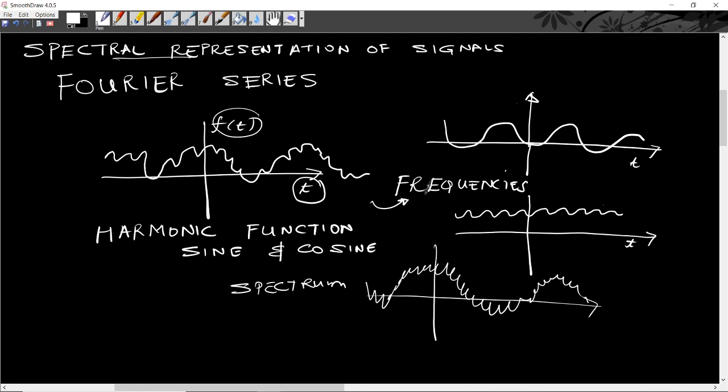So we want to get rid of this noise and find the true signal. It helps in such cases to look at the signal in terms of the frequency rather than as a function of time. So that's why we are interested in the spectral representation of signals.